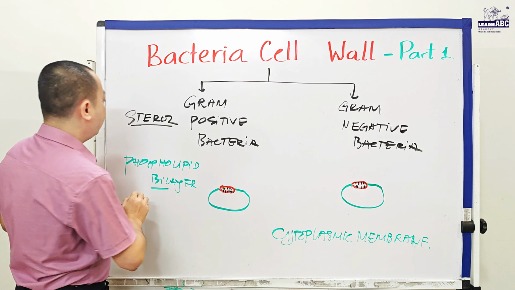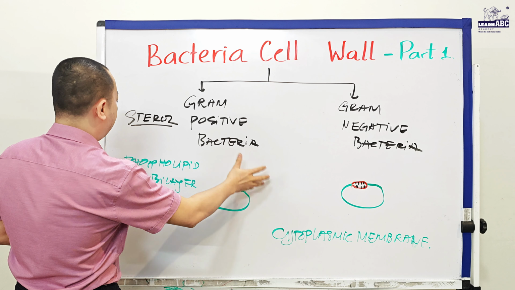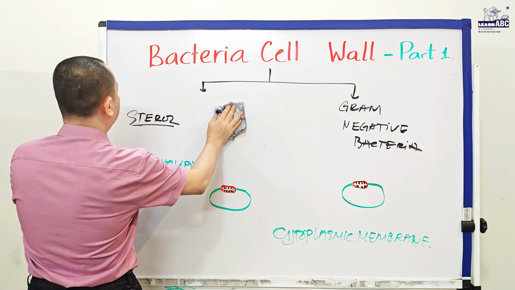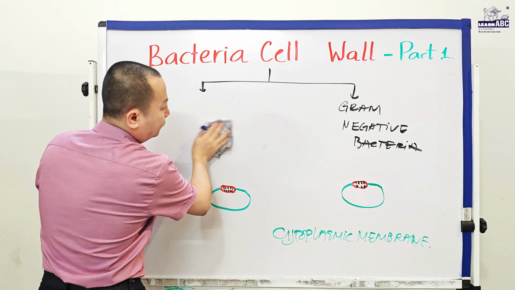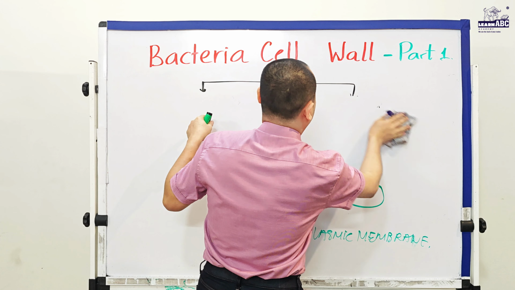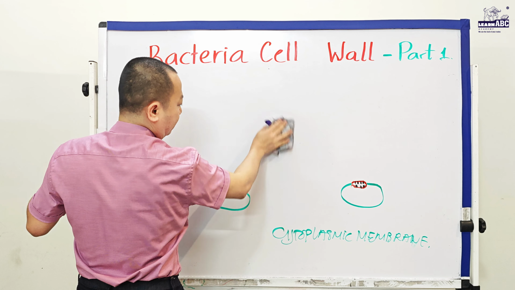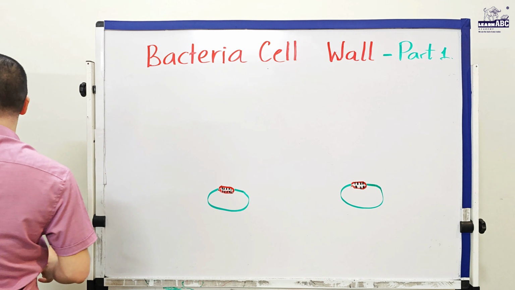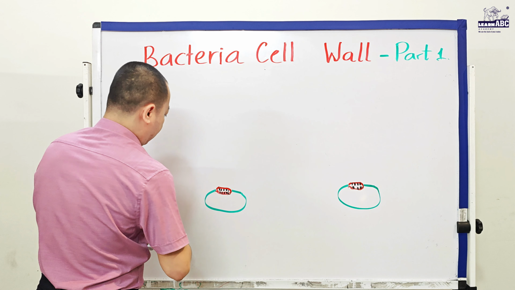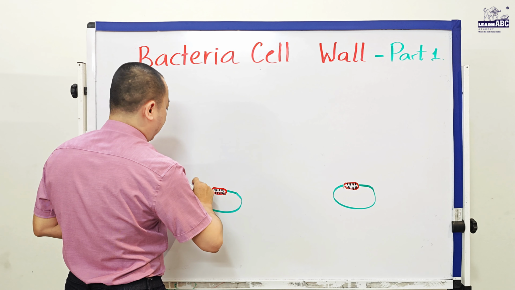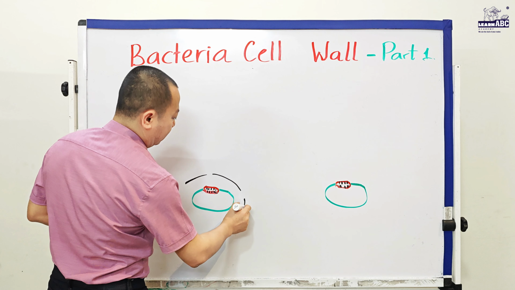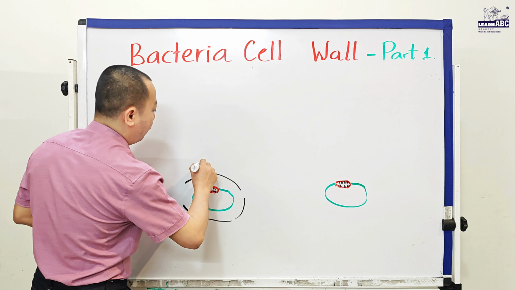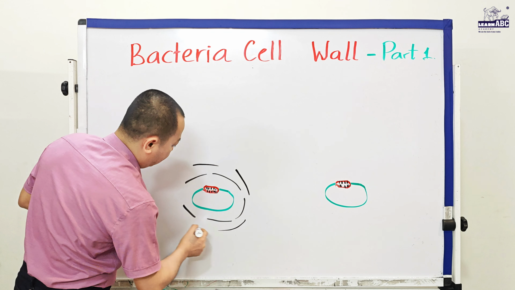Okay. Now, I'm going to draw the cell wall. You will understand. I'll remove this. Now let's imagine this is the cell wall. The cell wall of gram-positive and the cell wall of gram-negative.